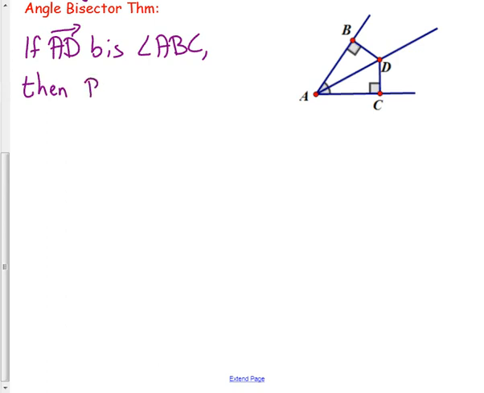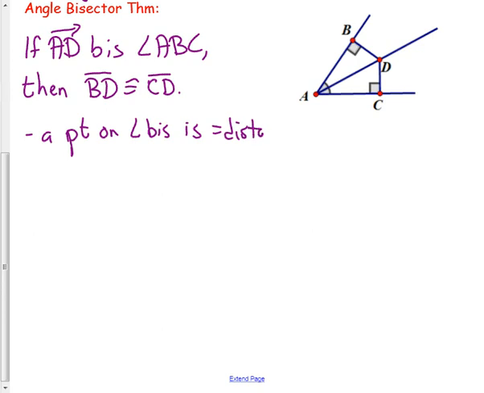So we say BD is congruent to CD. So a point on an angle bisector is equidistant to the sides of the angle.